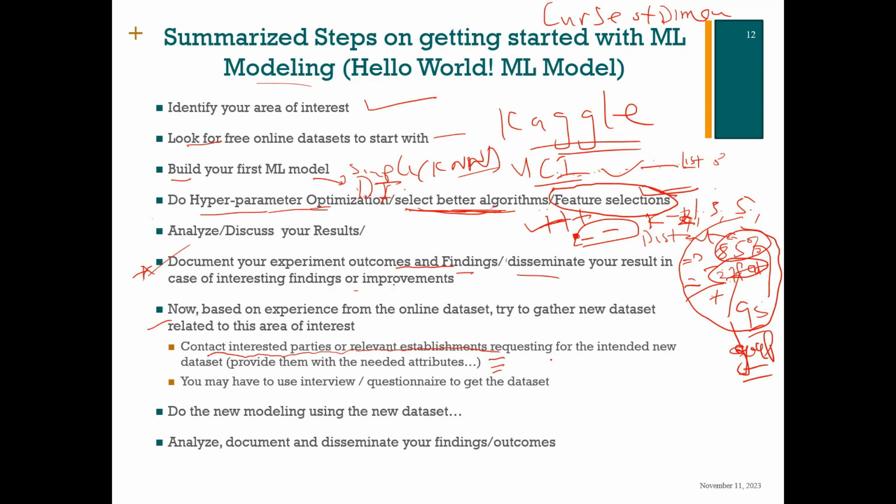No one knows the particular attribute that's going to work. There could be some attribute that works for the online data set that might not work very well in your own locality. That is why it is good to request several data attributes, so that you can be sure that whatever you get will work for the locality you are modeling. So once you get the data set, then we say all the best.